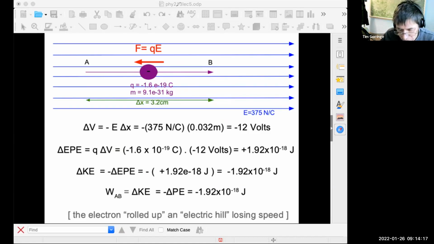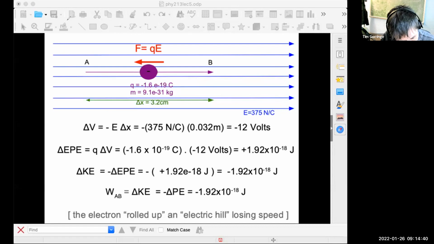Okay, so here's my solution. Again, before I go through the actual numerical solutions, I just want to say a few remarks about the signs, plus or minus, of the changes in potential, the changes in potential energy, kinetic energy, and work.